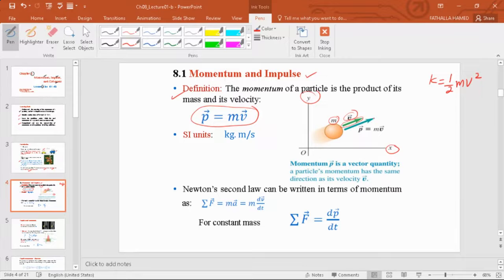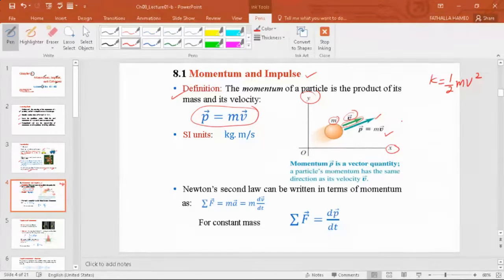And then we have a blue arrow which is longer, and the reason for that is that you're multiplying your velocity by the mass, and the mass here is a scalar, and it's going to make the magnitude of your vector bigger.